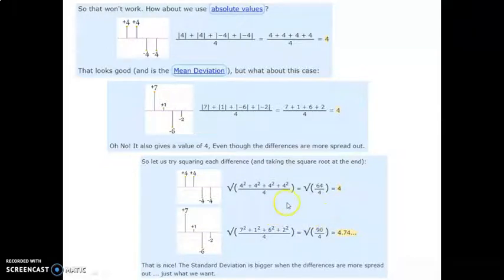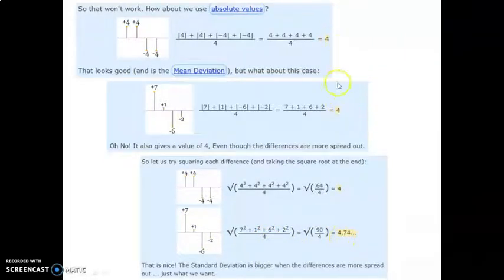So notice when we did the squaring and then the square root, which is our normal approach for standard deviation, for the data where they're all away by 4, we get the same value. We get 4, the same as we got with the absolute value approach. So that tells us on average those are 4 away. Great. This one, the absolute value technique gave us 4 also, but this data is very different. So now when we apply the squaring of the values and the square root, the standard approach for standard deviation, we get an answer of 4.74.